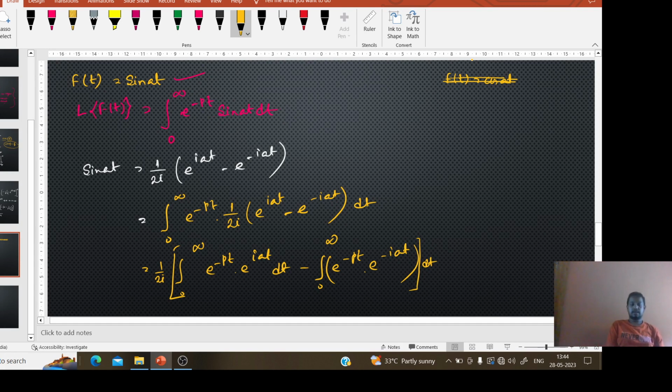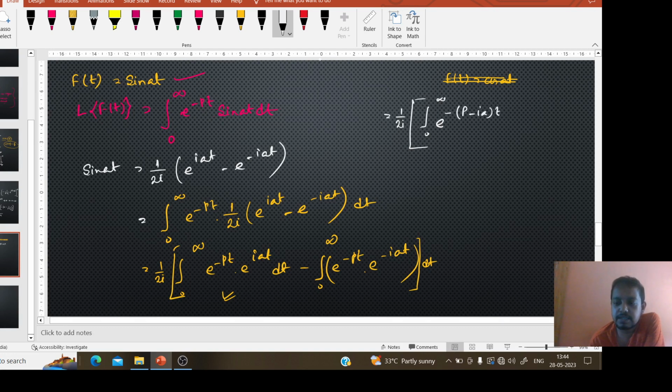So next, what can I write? From here we can write 1 by 2i times the integral from 0 to infinity of e to the power minus (p minus ia)t dt, minus the integral from 0 to infinity of e to the power minus (p plus ia)t dt.